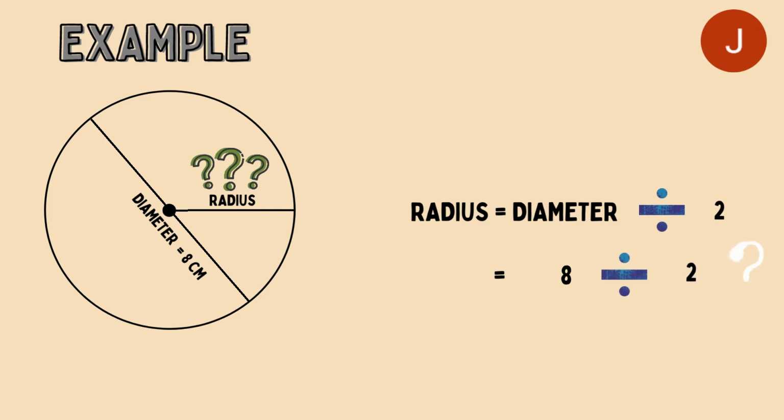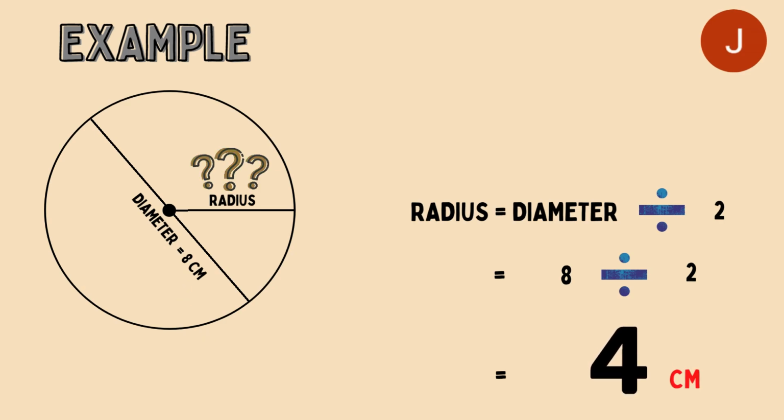Now, what is 8 divided by 2? Yes, the answer is actually 4. Now, if I go back and look at the unit, because 4 is incomplete, the unit that I started with is centimeters. So my answer is going to be 4 centimeters.